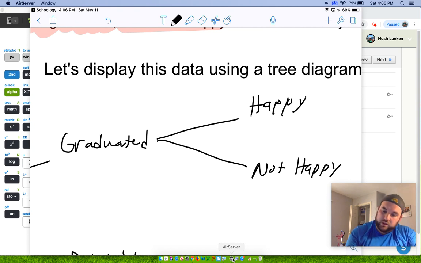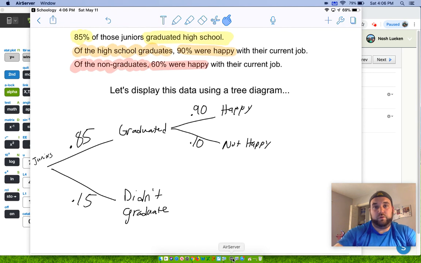Okay. Of those that are happy, this was a 90% probability, which means that 10% of those that graduated were not happy with their job. You'll notice that these are all in percentages. The problem gave all these in percentages, but I am writing them as decimals. That's not by accident, because we're going to be doing some multiplication with these numbers soon.